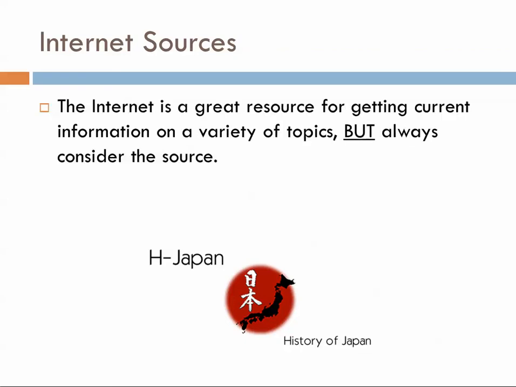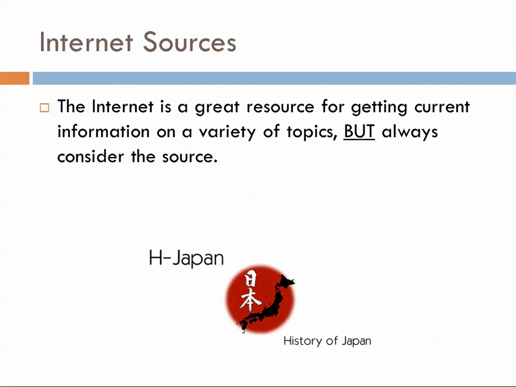But this takes me to the internet, so I wanted to just say that the internet is a great resource for getting current information on a variety of topics. I'm not going to demonize it. I'm not going to say it's an awful thing. But as a professor, of course, you would expect me to say this, you should always consider the source. There is virtually no quality control on the internet.